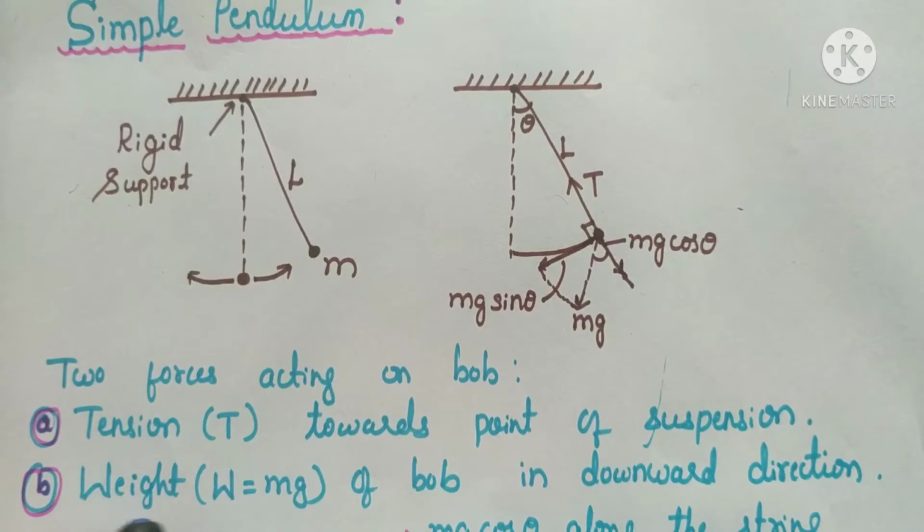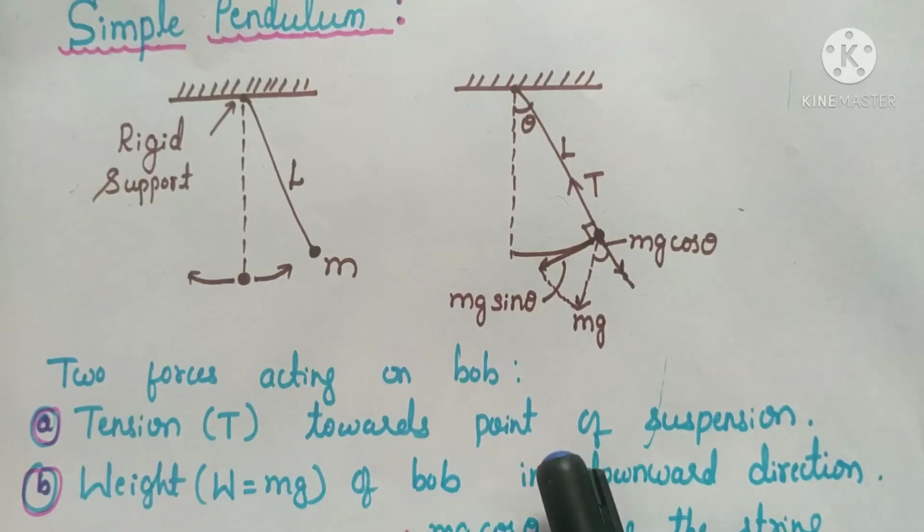And the second one is weight. You already know that the earth has a gravitational force, and if you drop an object from a certain height, then that object will come towards the earth's surface because the earth has gravitational force.